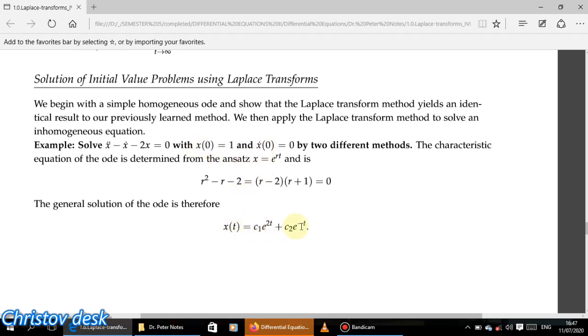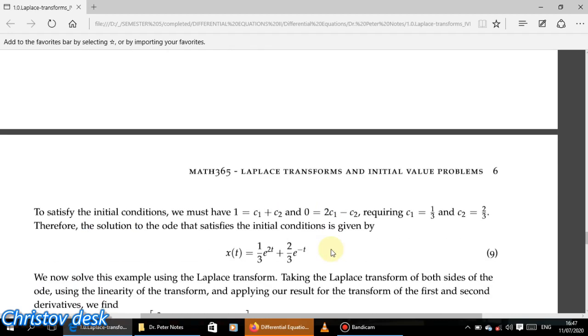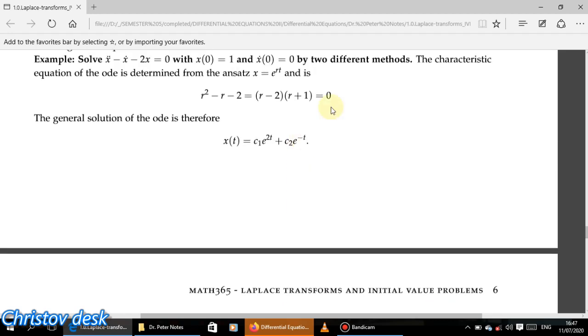You put a 0 here, put a 0 here, and then this will be a 1, because remember t is 0, but x of 0 is a 1, so 1 equals c1 e raised to the power 2 times 0. So when you do that, you try to solve the constants c1 and c2. So let me demonstrate that.